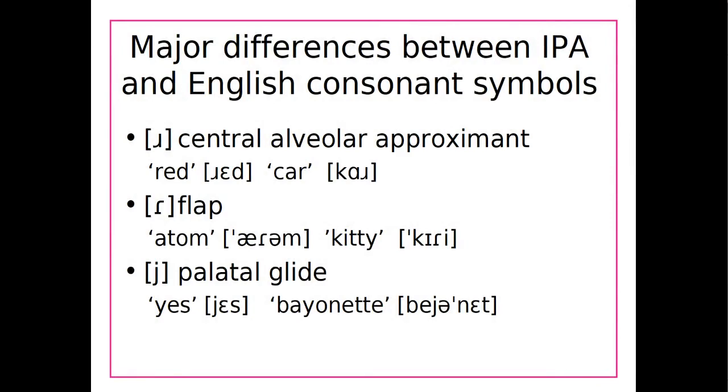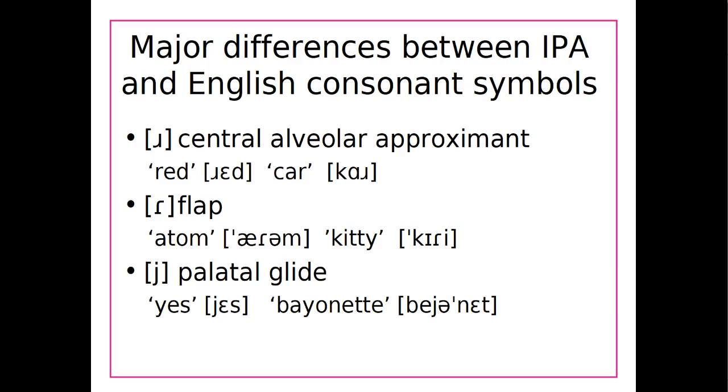Okay, a few others. We have what's called the central alveolar approximant. This is in English what we have when we say the letter R. For us, this is basically just an upside down R. The reason it is the upside down R instead of a right side up R is that the right side up R is actually already taken by a sound that is in other languages that we don't really have in English.